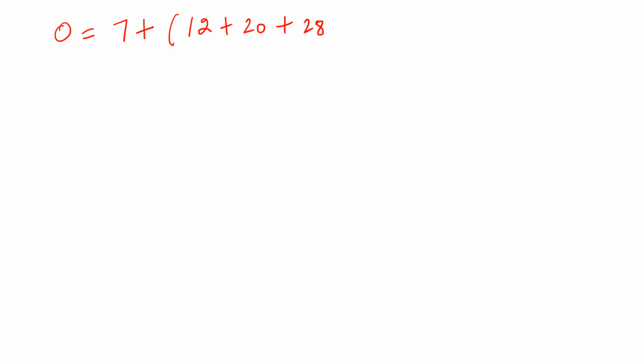You can clearly see that all the terms inside the bracket are going to form an arithmetic progression with the first term as 12 and common difference as 8. And the last term of this AP is going to be T(r-1), that is just the (r-1)th term of this AP. And outside the bracket, we have minus Tr.